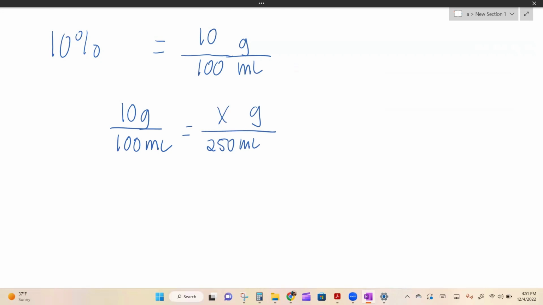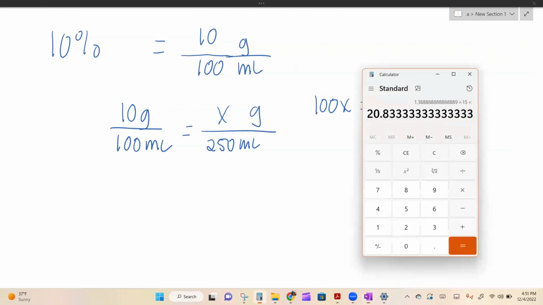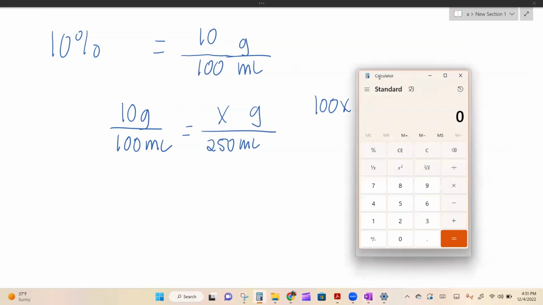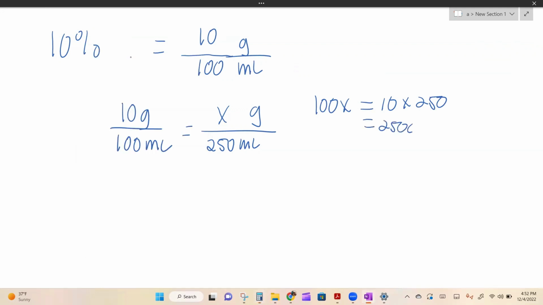So for this one, we would do 100X is equal to 10 times 250. 10 times 250 is 2,500.